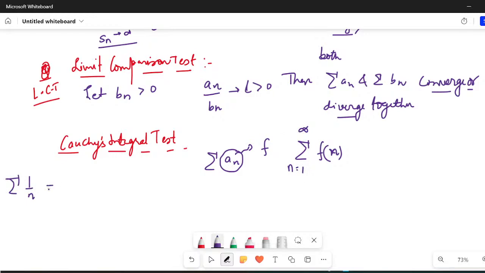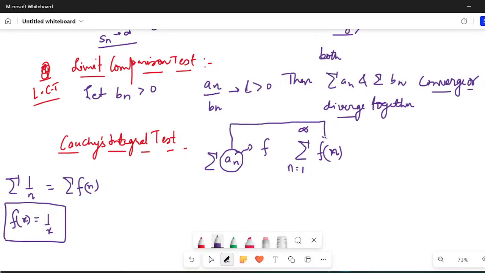Can I not write it as summation f of n, where f of x is simply equal to 1 over x? It is one and the same thing. So instead of summation An, think that you are doing some summation f of n, where f of x must be a decreasing function. This is where Cauchy's integral test can be valid.